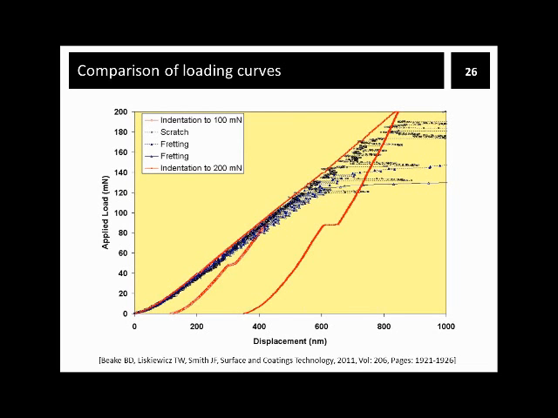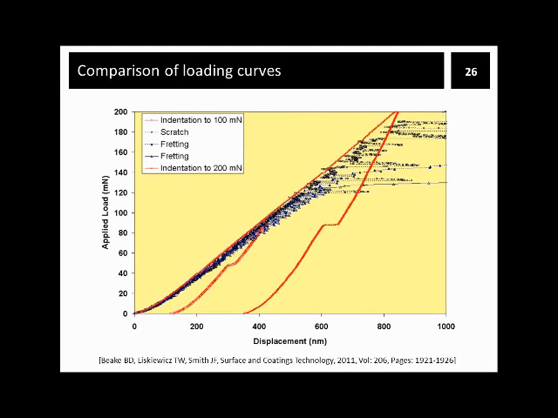So this figure shows a comparison of typical load versus displacement loading curves for nano-indentation, nano-scratch, and nano-fretting. It's a bit busy figure, but for the nano-fretting test, the depth and the center of the 2-micron track is shown here. And for the nano-scratch, the load varies linearly with position.